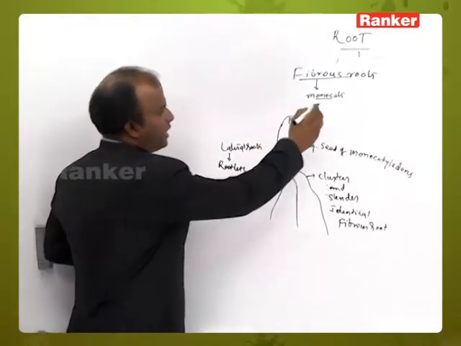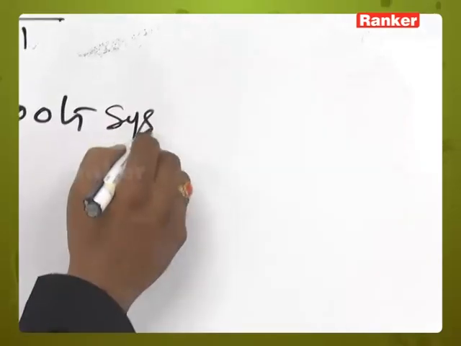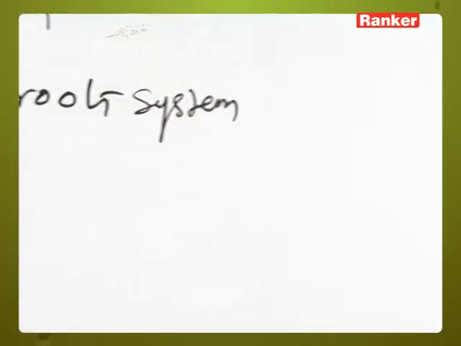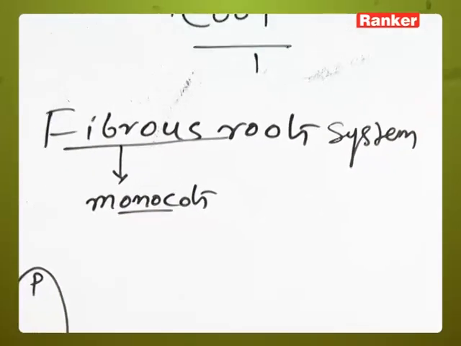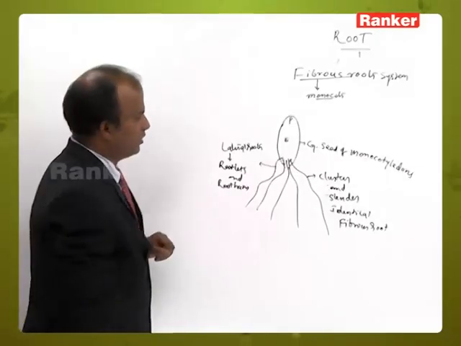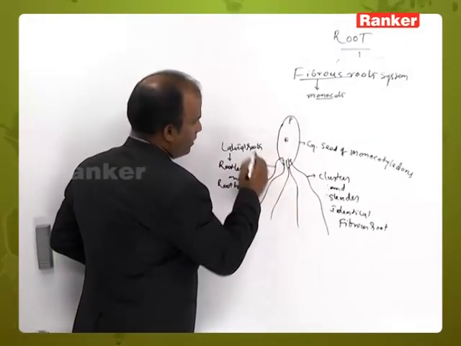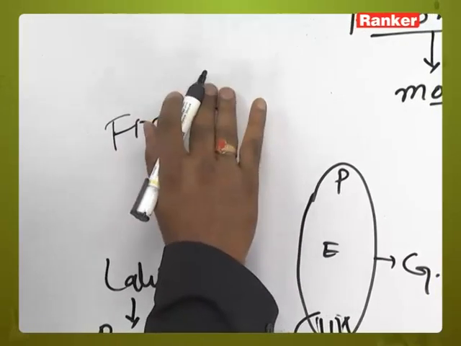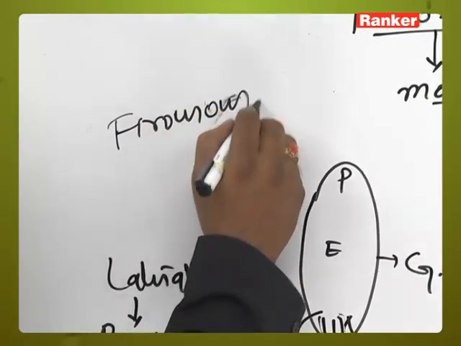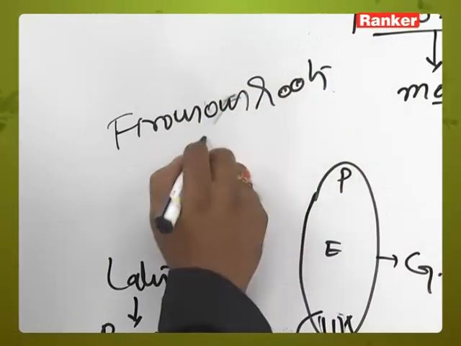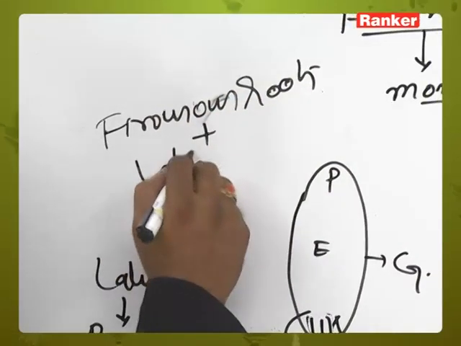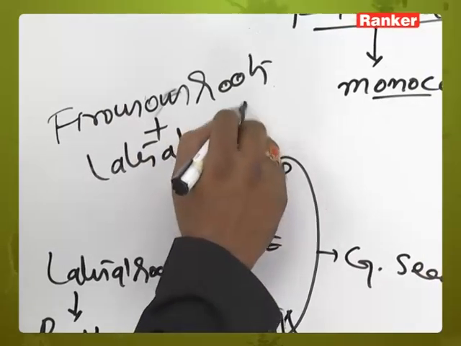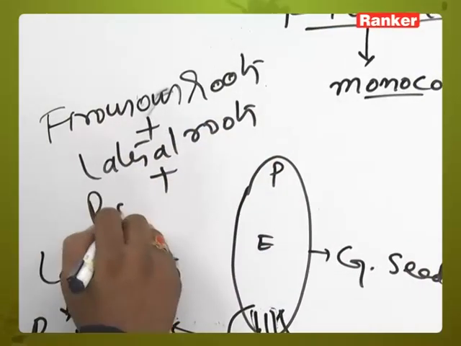And what is called the fibrous root system? The fibrous root system includes fibrous roots plus lateral roots plus rootlets and root hairs.